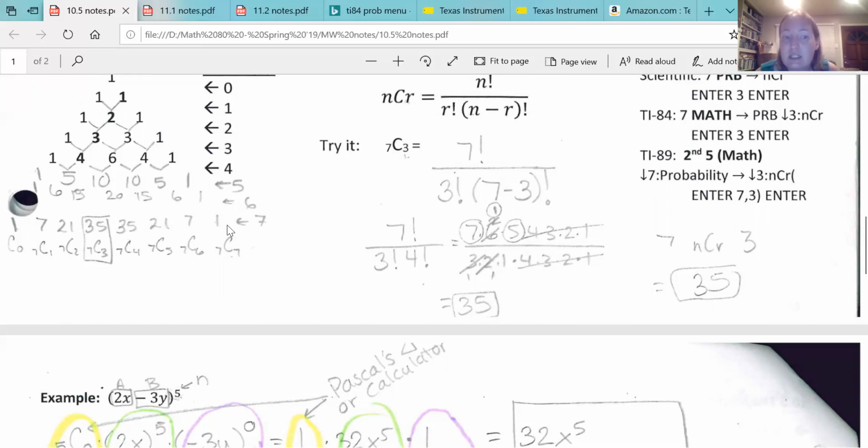You always have that constant term and the 7th power term for something to the 7th power. And the other option is just to remember you always start with 0 power and then go to the one that would be 7th power. So this is kind of limiting when your exponents get a lot higher, and then your calculator becomes much more useful. So this is 7C0, 7C1, 7C2, 7C3, 7C4, 7C5, 7C6, and 7C7.